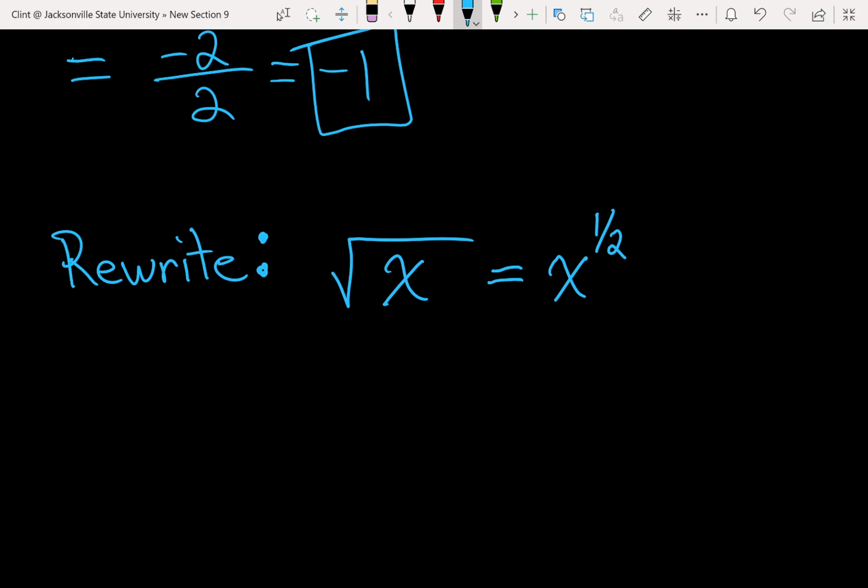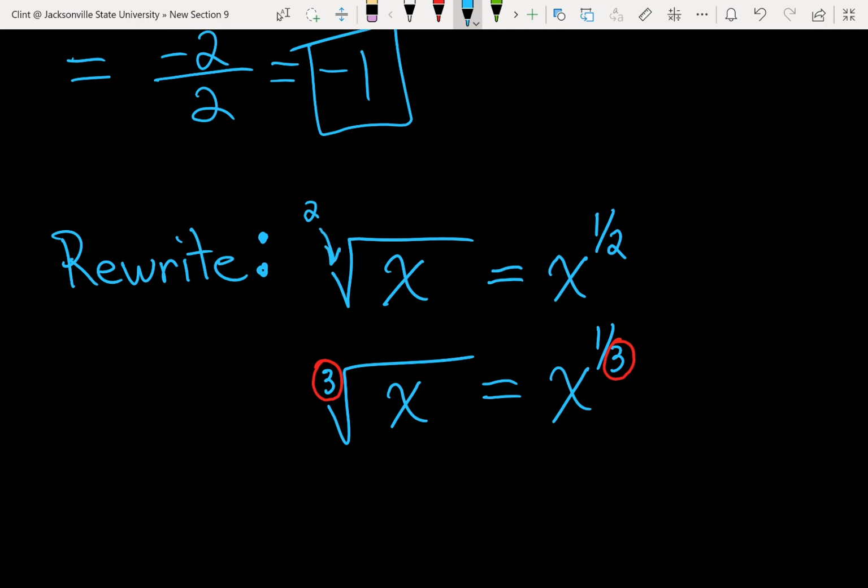And our rule there, another example. The rule here is that whatever the index is on our radical, that's the denominator of our fraction. On a square root, it's just understood to be 2.